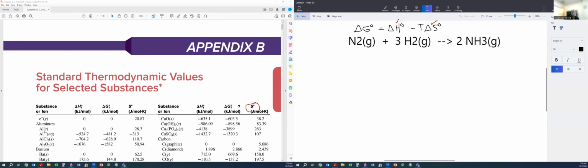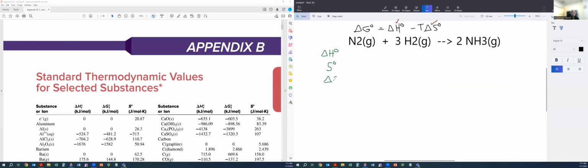Okay. So what I need to do is look up the delta H, delta G and delta S values. Let's put the delta H values on this line, the entropy values on this line. It's supposed to be an S, not a 5.